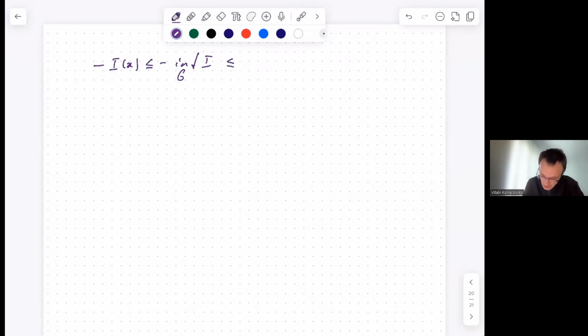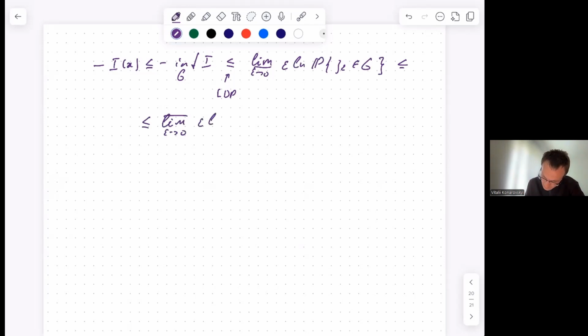And here we use the large deviation principle, it is less or equal than the lower limit of epsilon logarithm of the probability that psi epsilon belongs to G. But you know that it is larger or equal than the upper limit, according to the definition. And in the definition, this upper limit is larger or equal than minus infimum.